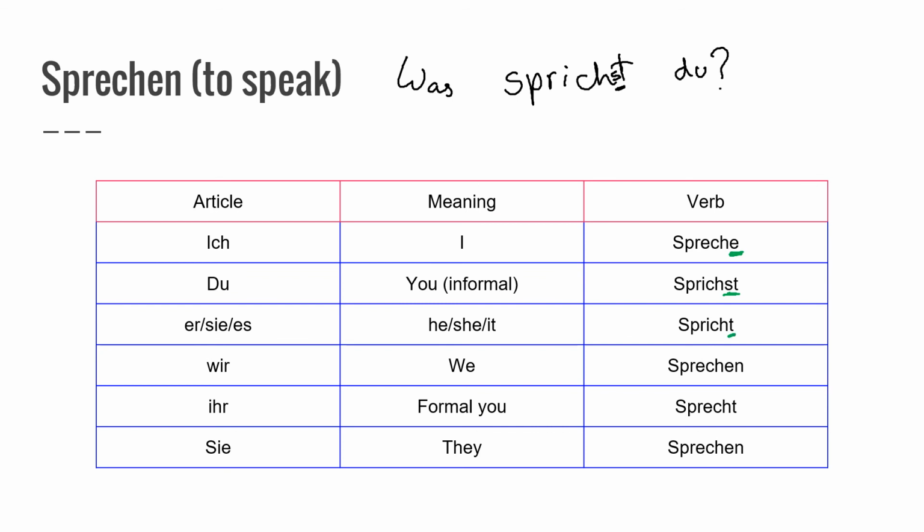Whenever you conjugate with wir, it ends with en. Whenever you conjugate with ihr, it also ends with t. Whenever you conjugate with sie they, it also ends with en. Now, it is a different story for mögen. It also converts to mag for several personal pronouns. But for the rest of it, you can identify.